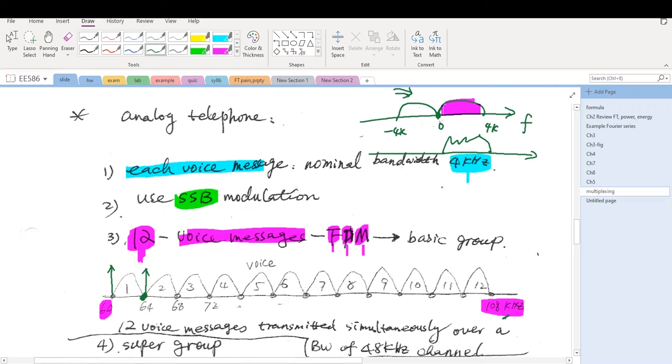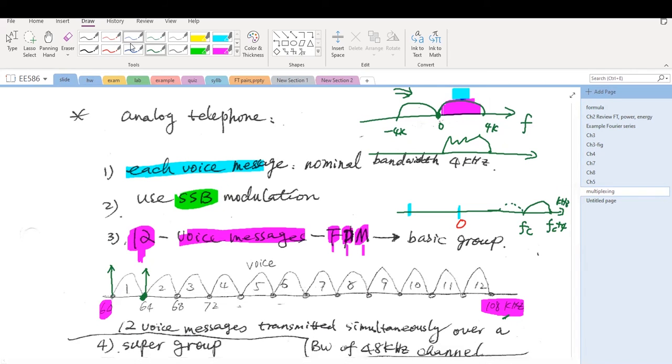Remember the single sideband modulation. Suppose this is 0, this is FC, and this is FC plus 4 kHz. The lower sideband we don't transmit because we use single sideband.